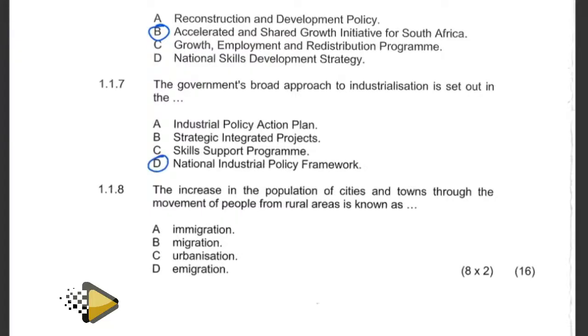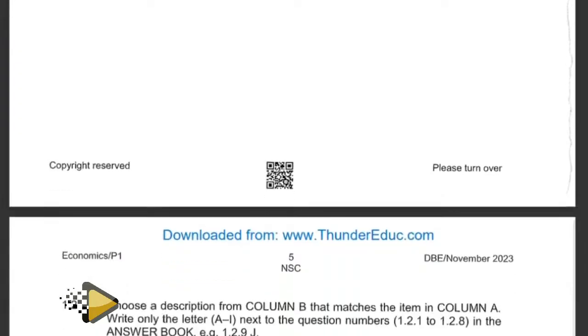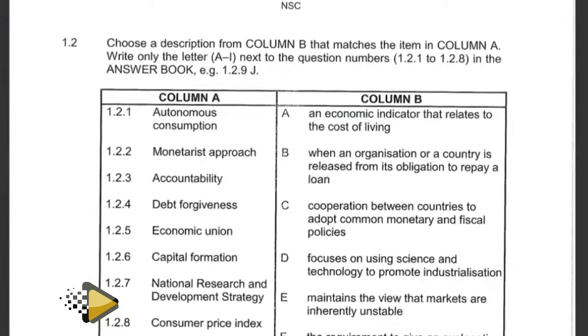Okay, right. So now let's move on to 1.1.8. 1.1.8 reads as follows. The increase in the population of cities and towns through the movement of people from rural areas is known as urbanization. So in this regard, our appropriate answer is going to be C. Okay, so now at this juncture, we are done with 1.1.